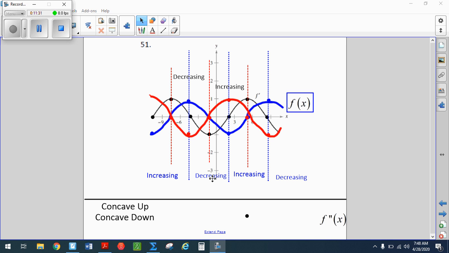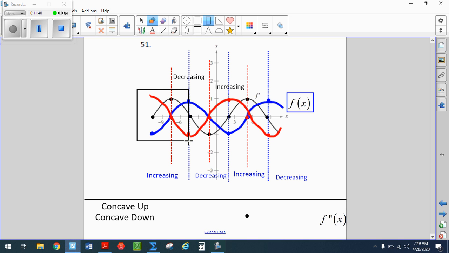I can also look at the concave down or concave up. So let me just get a rectangle tool and use that. So in this space right here, my derivative graph is concave down, which means that its derivative is decreasing.